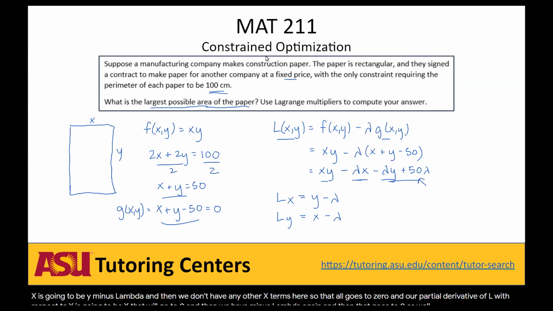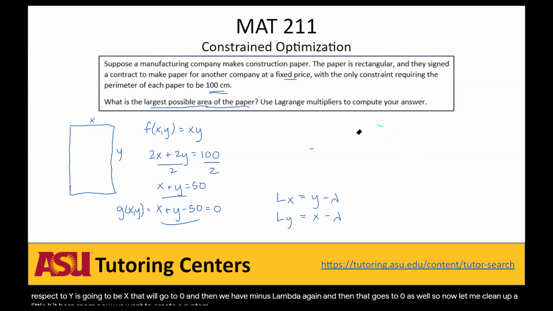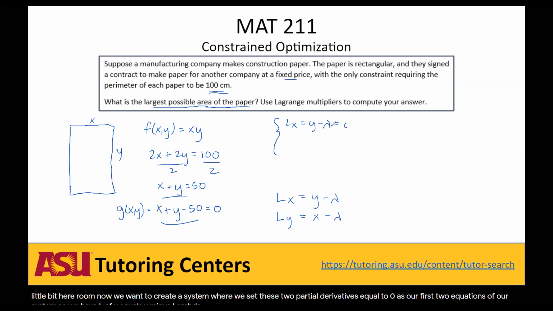So now, let me clean up a little bit here and make some room. Now we want to create a system where we set these two partial derivatives equal to 0 as our first two equations of our system. So we have L sub x equals y minus lambda equals 0.